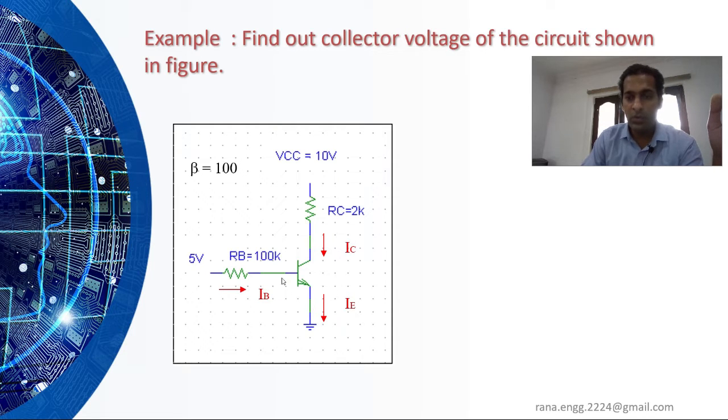These are given to the transistor. Beta is given as 100, input resistance is 100k and the collector resistance is 2k. We have to find the collector voltage present at this particular place.